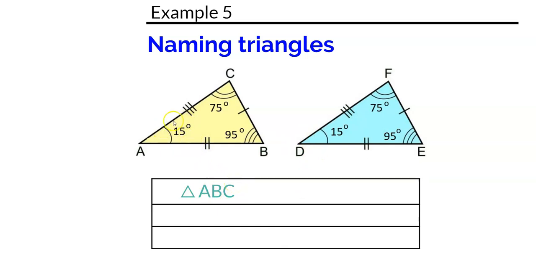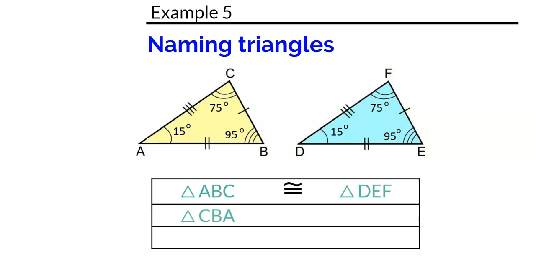The angle for A is 15 degrees, angle B is 95 degrees, and angle C is 75 degrees. So when I look at this other triangle, we have to make sure the same pattern happens. So 15 degrees is where D is, 95 degrees is E, and F is the 75 degrees. So triangle ABC is congruent to triangle DEF.